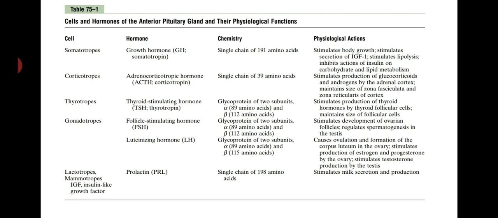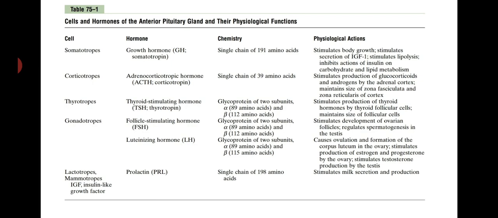FSH, for example, stimulates development of ovarian follicles, spermatogenesis in testes. Luteinizing hormone is responsible for ovulation, formation of corpus luteum in the ovary. It also stimulates production of estrogen and progesterone by the ovary and stimulates the production of testosterone by the testes.